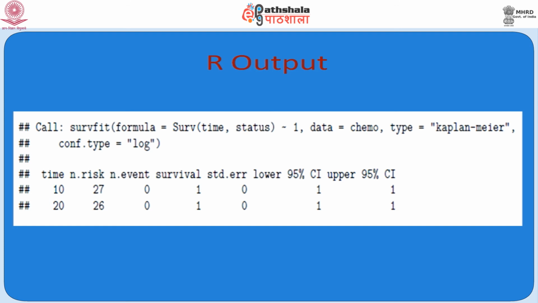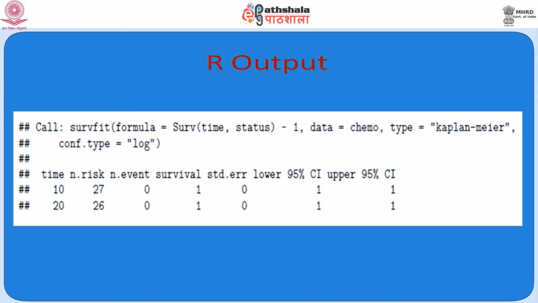You can see that for the first row the number of patients at risk is 27, but the number of events is 0, whereas from 10 to 20 days the number of patients at risk is 26 and the number of events is 0, because one patient during that period was not dead but censored.